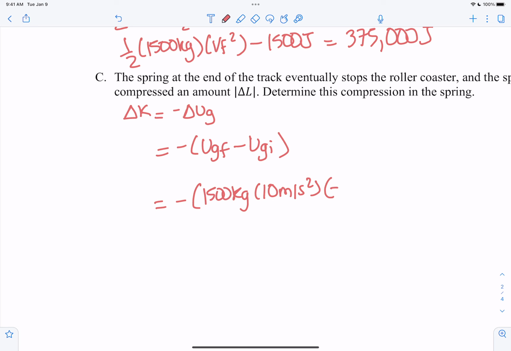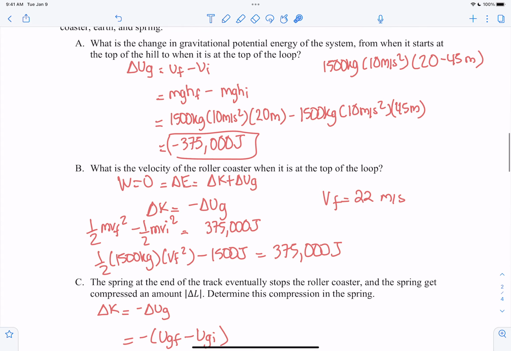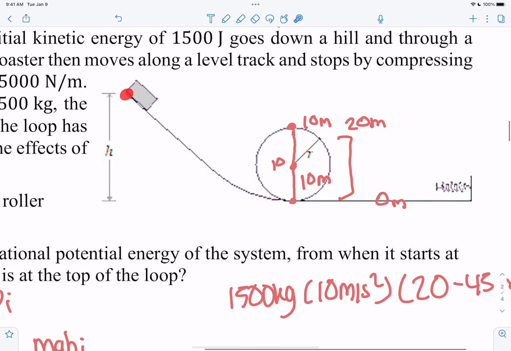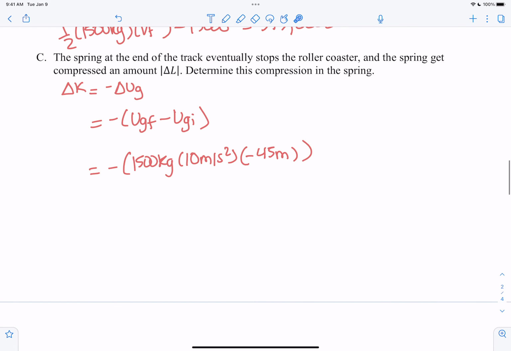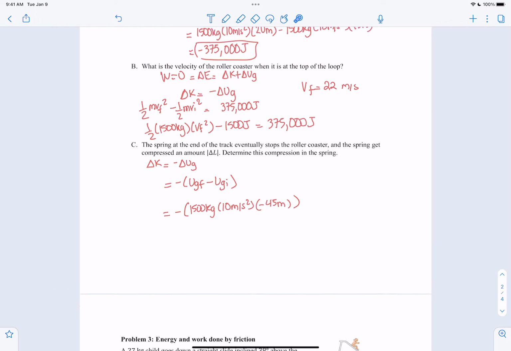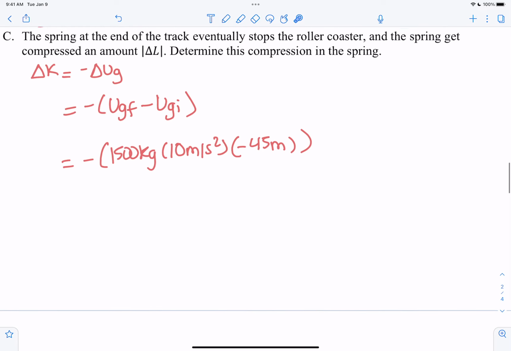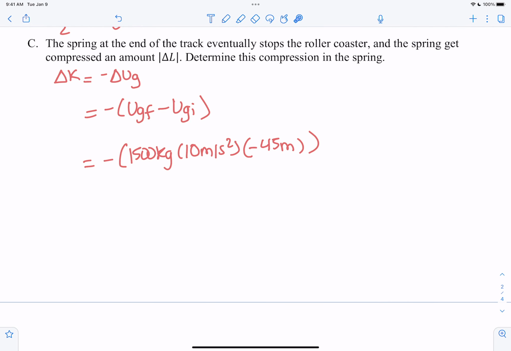That should be negative 45 meters, right? Because you went from the top at 45, that was your initial, and then at the bottom, your final is 0, right? So final minus initial should be that negative 45. That'll give us our change in gravitational potential energy.